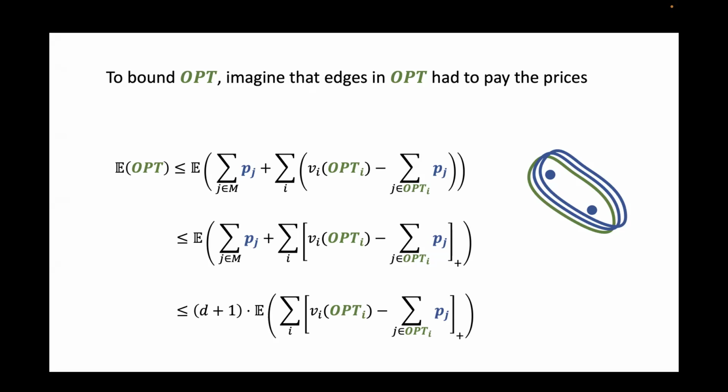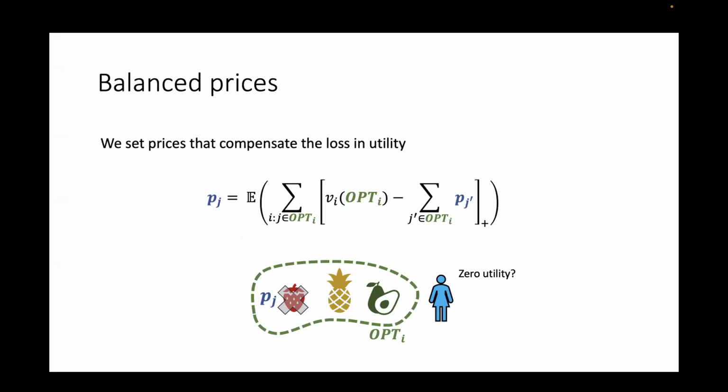Yeah, it could be that the value for two items is 100 and for each item separately is 60. Right? So that's why, for each item, I have to cover the entire thing here, because it could be arbitrarily complementary.